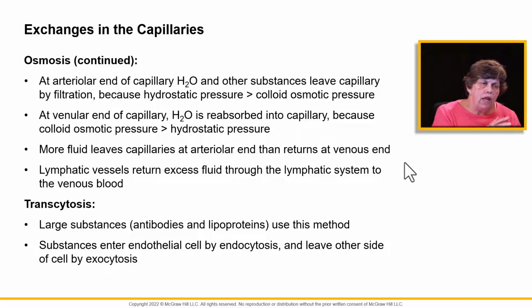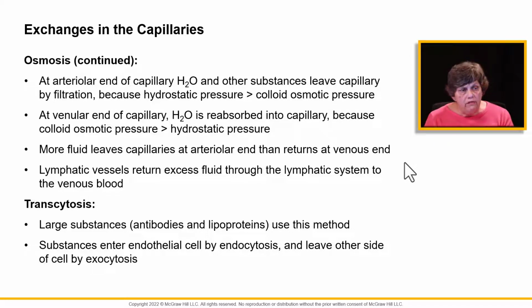So at the arterial end, because of the push of the blood, the hydrostatic pressure is higher, and we start to move stuff over the membrane. And as we move things out of the capillary and into the tissue, that makes the colloid osmotic pressure rise, and that makes the hydrostatic pressure within the blood vessel drop.